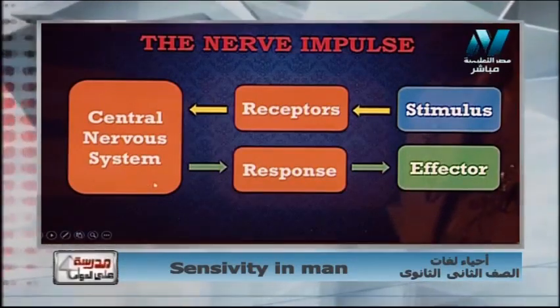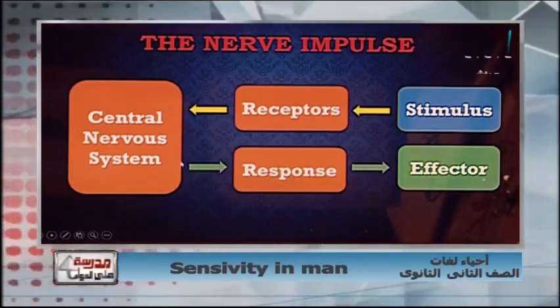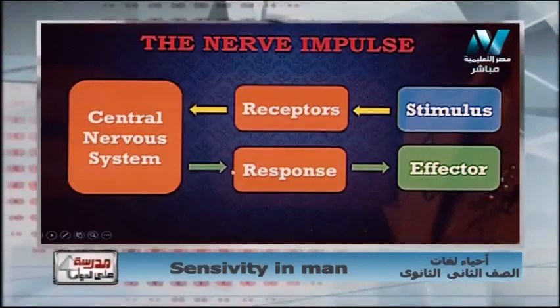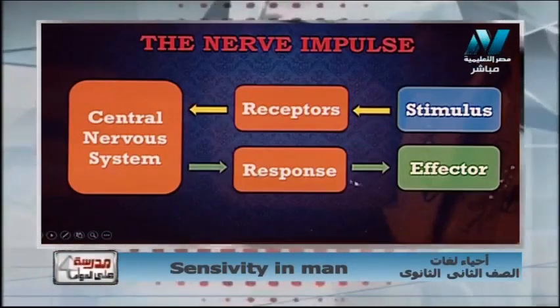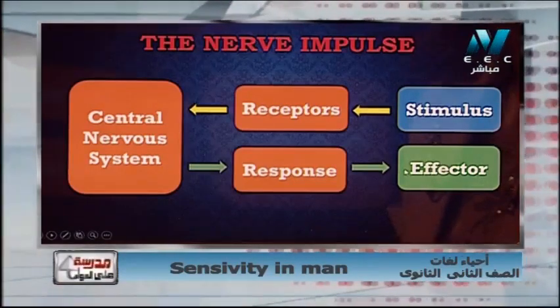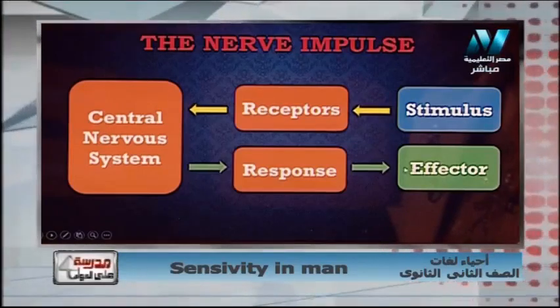In turn, the central nervous system sends the response as motor impulses through the motor nerves until they reach the effector organ or the target organ, which may be a gland or muscle or both.